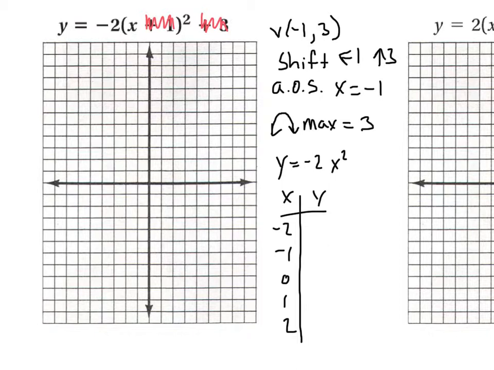Oh wait, no, it's -8. -1 squared is 1, times -2. And we get 0, we get -2, we get -8. Remember, it's symmetrical. So if I graph those with little x's, I get these points. And then I need to shift each one of those points to the left 1, up 3.